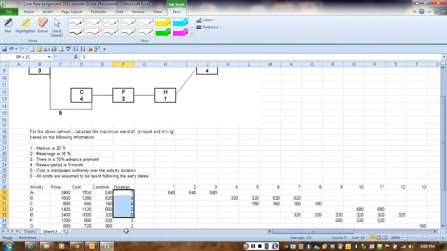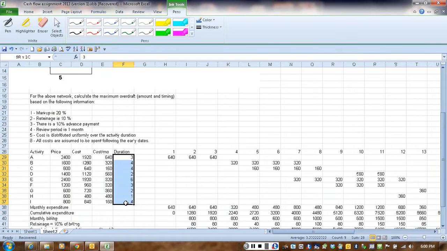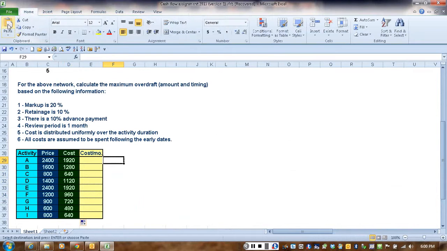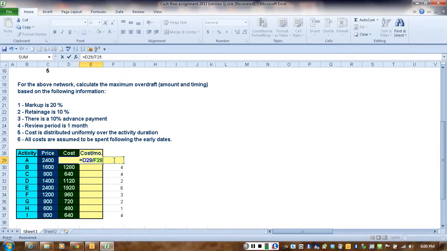Let's copy these numbers from here. So basically what we're saying is that this is equal to this divided by this, and then we're going to copy this formula to the other cells.